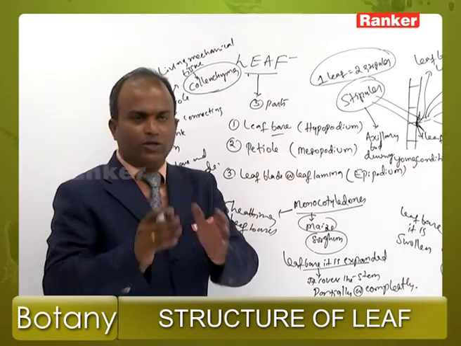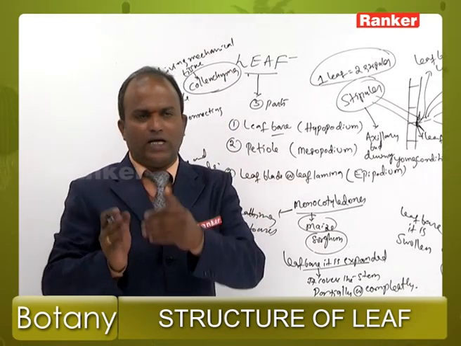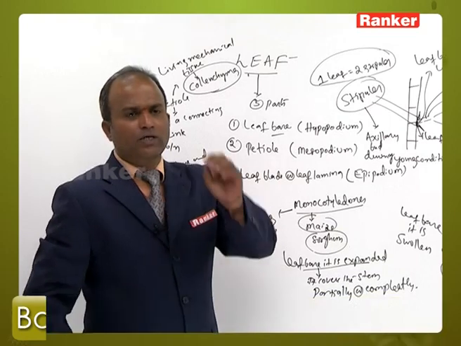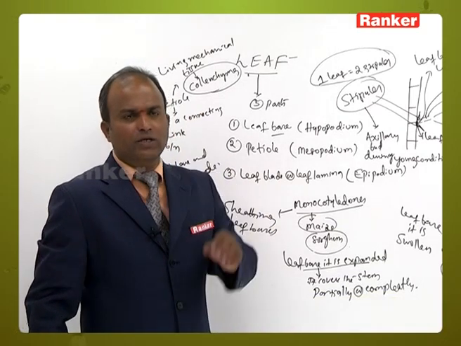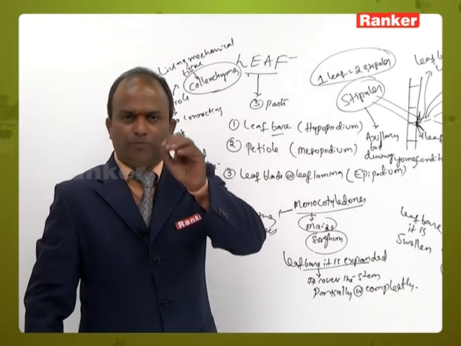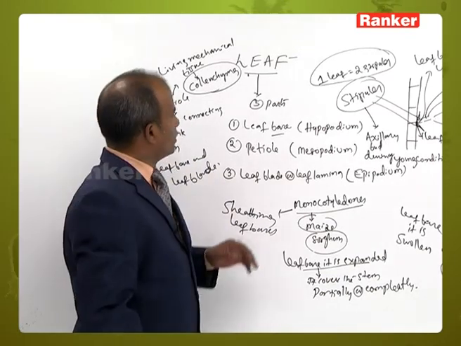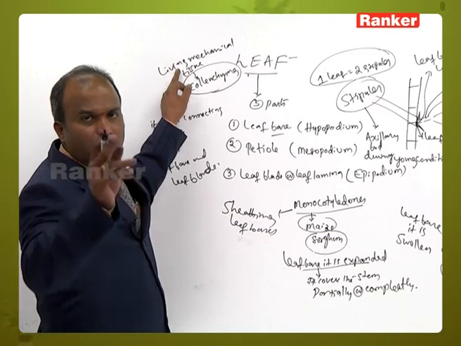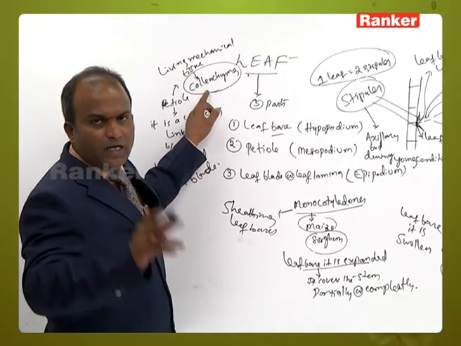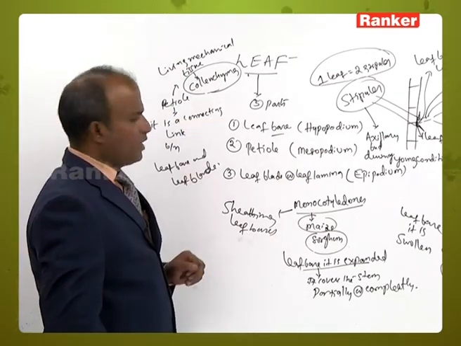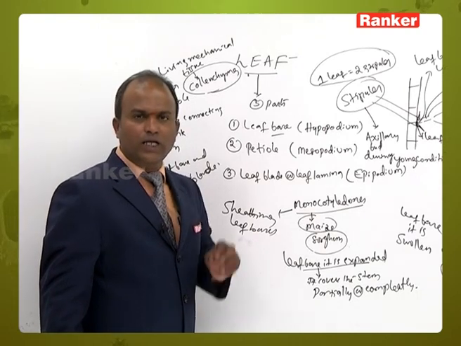Why? Because the petiole can bend towards either side due to heavy wind. Due to this flexible nature, the petiole shows living mechanical tissue, that is, collenchyma.